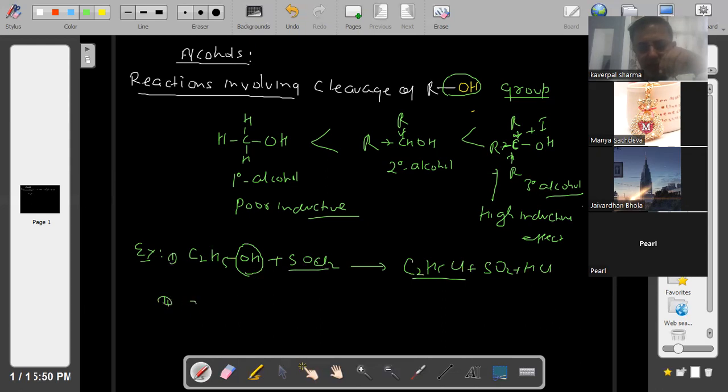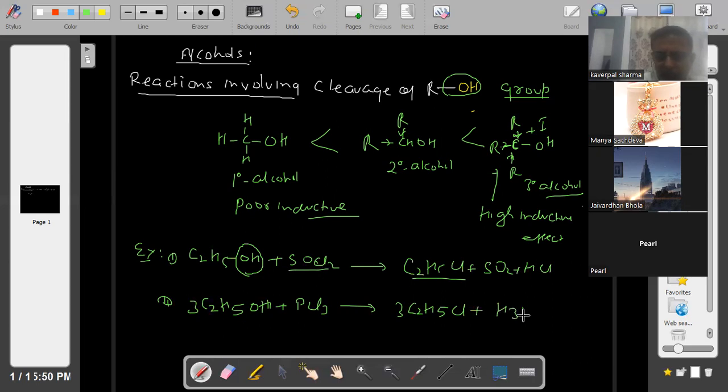Second, C2H5OH plus PCl3. So here is the inductive effect. You will get 3 molecules of C2H5Cl and then H3PO3.